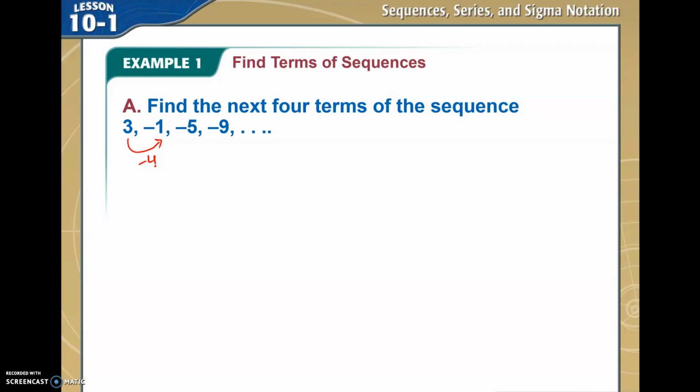Because 3 minus 4 will give you -1. What is happening in the next term? Again, -4. So -1 minus 4 will give you the next term, -5. What is the next term? -9. Again you can see -5 and -4 gives you the next term.